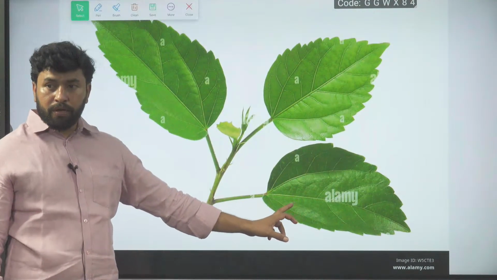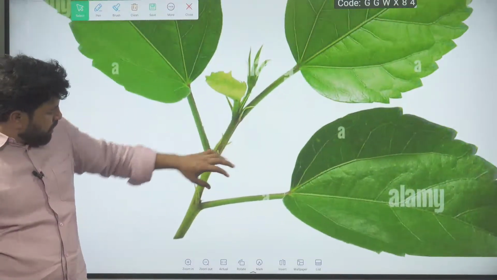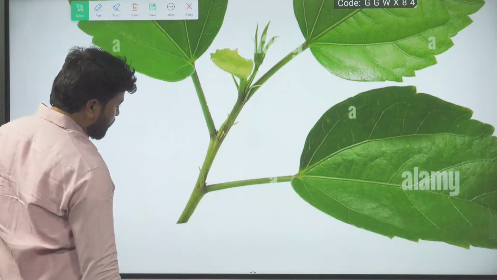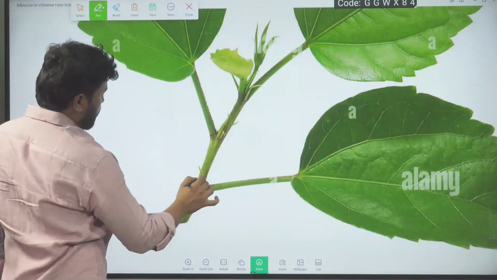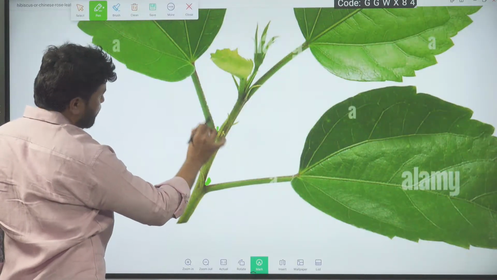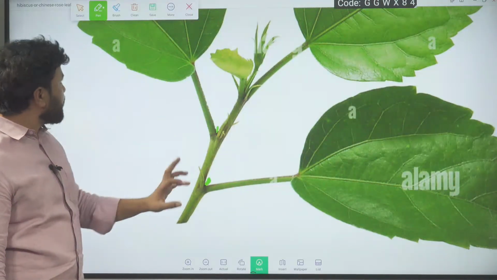This is a simple leaf, and in the area where it attaches to the stem, we have a structure called the axillary bud. Simple leaf, petiole, axillary bud.